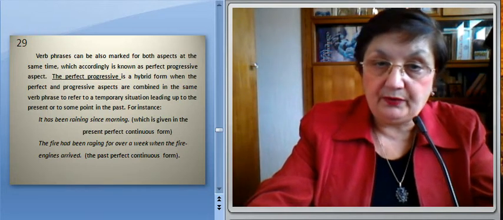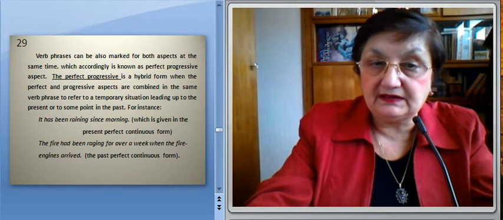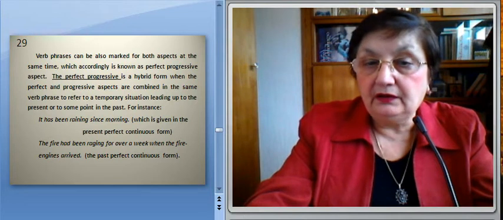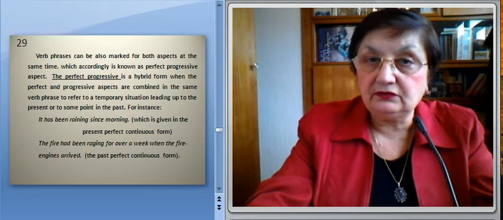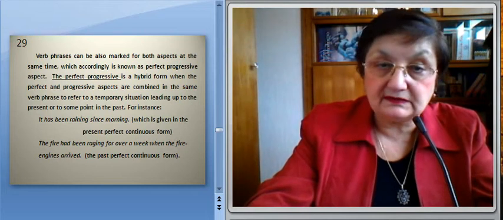For instance, it has been raining since morning, which is given in the present perfect continuous form, and the fire had been raging over a week when the fire engines arrived. The past perfect continuous form is used here.